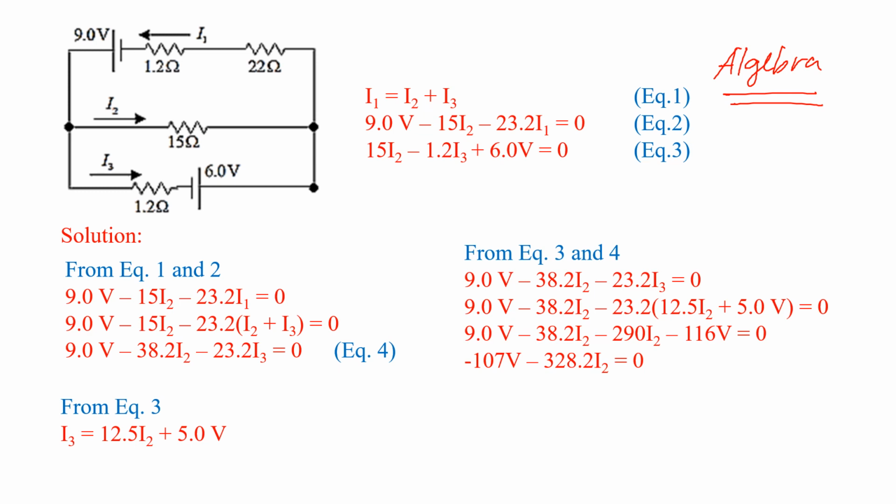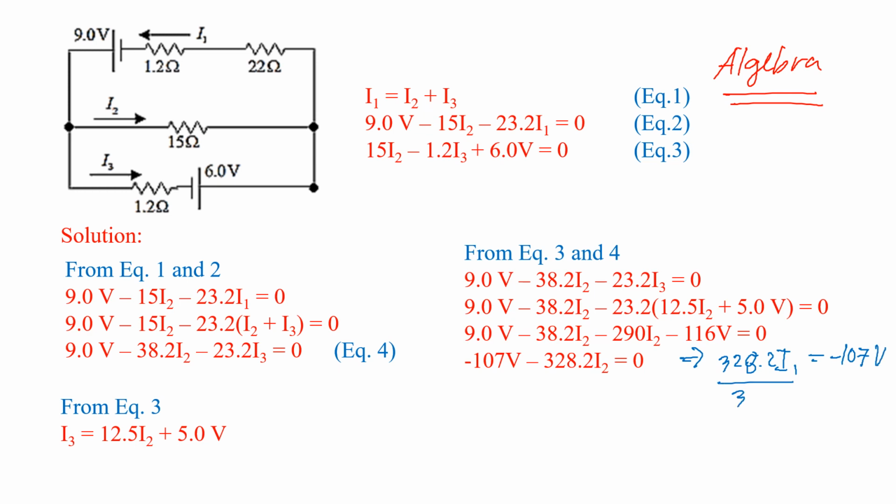And as you can see, I can already solve for I2 by dividing 107. Okay, let's just rewrite it for you to see. So I have 328.2 I2. That's equal to negative 107 volts.